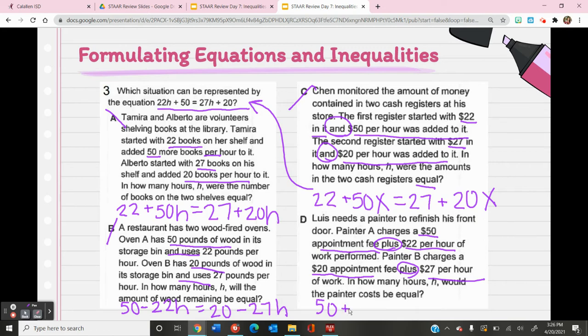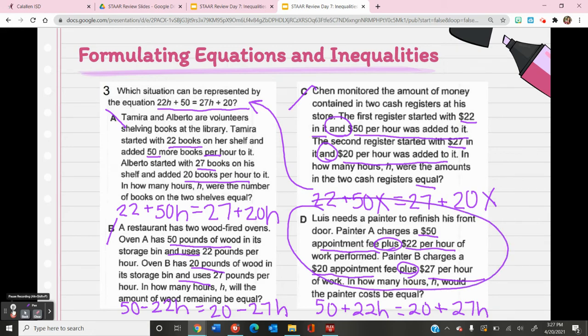Then they add $22 for every hour they're working. So this will be plus 22H, and this is equal to Painter B, who charges a $20 appointment fee plus $27 per hour. So for every hour of work they get, they earn $27, so this is going to be 27H. So looking back up here, this matches the equation that we have, so D is our answer.